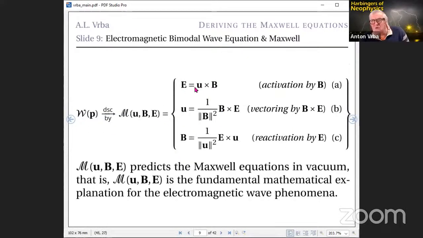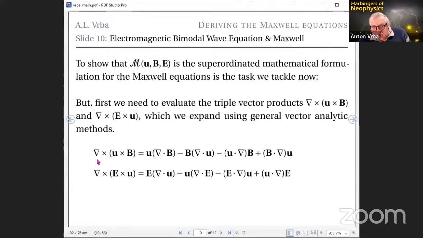Curl E equals curl U cross B. And basically, I come up with these two, and I need to evaluate the analytical expansion of the triple vector product. It is basically the BAC-CAB rule, but it's again repeated here.